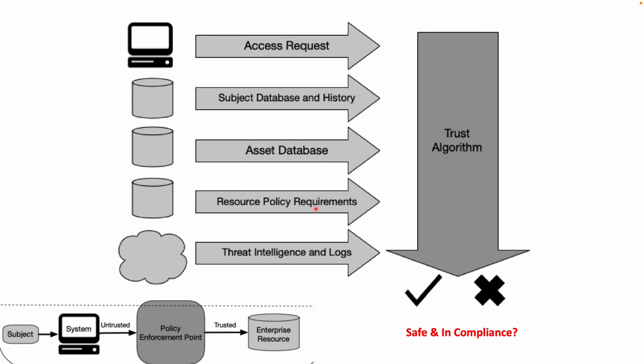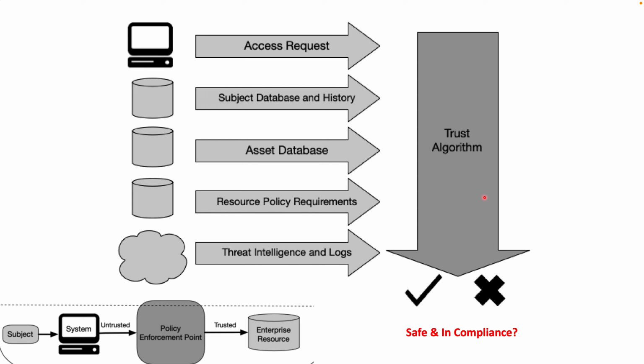All the information, all the inputs have been broken into 5 categories. So we can make a checklist to scan a subject and decide if it's safe enough and in compliance to grant access to it.